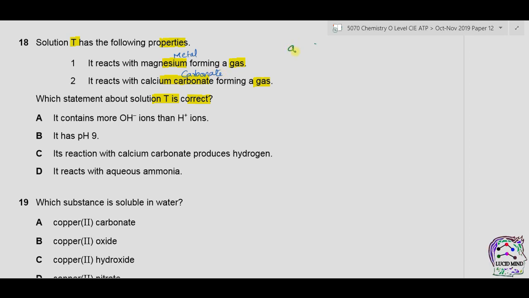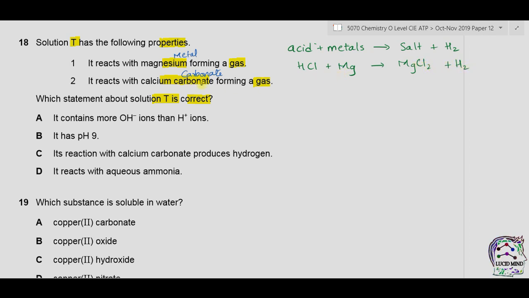And we know that acids can react with metals to form salt and hydrogen. For example, HCl can react with magnesium to form magnesium chloride salt along with hydrogen gas.